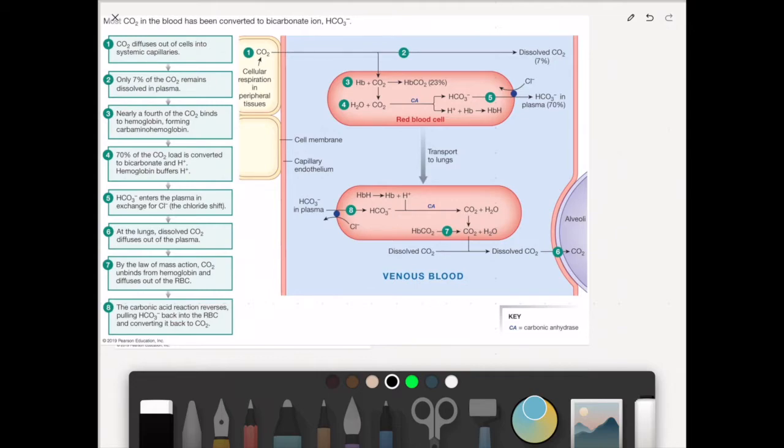Carbon dioxide is a gas, so it can diffuse right into the blood plasma. So it diffuses from the cells into the blood plasma. Much of it binds to hemoglobin and forms what's called carbaminohemoglobin. So carbaminohemoglobin is just a hemoglobin bound to carbon dioxide.